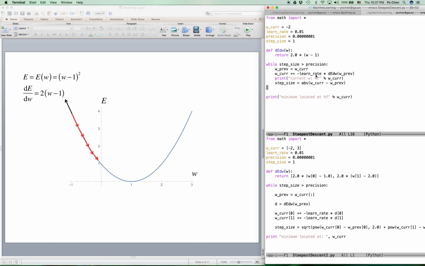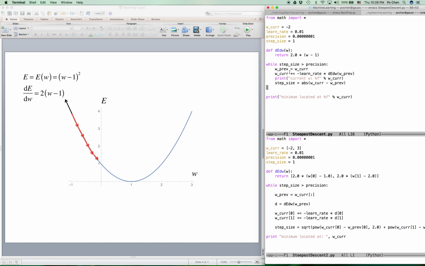But the absolute value of the derivative dE over dW actually changes. It actually reduces. As we move along this direction, the absolute value of dE over dW is going to become smaller and smaller, because at the optimal point, dE over dW is exactly 0. As we get closer to the optimal, dE over dW is going to become smaller and smaller.